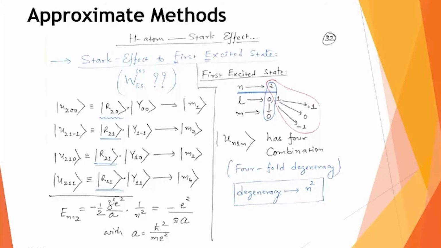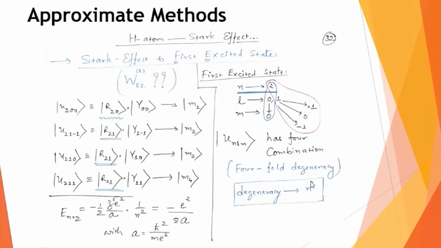Instead of n equals 2, if I talk about the second excited state, for which n equals 3, then we can similarly compute the other combinations, and you can find the degeneracy will be 9. It is a 9-fold degenerate state. So I can now make a judgment that whenever you want to compute the degeneracy for such an electric dipole interaction with the electric field, this degeneracy can be computed by the n square value.